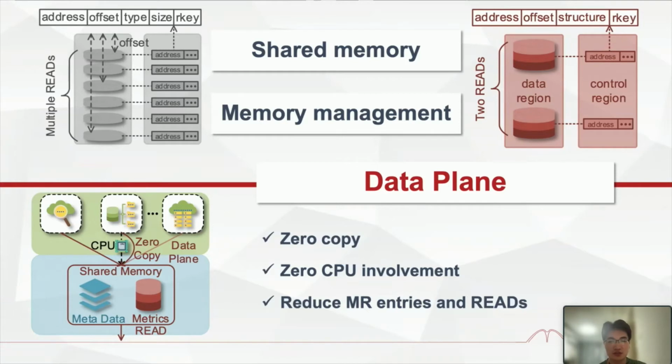So Zero also provides a memory management interface to aggregate metrics into a continuous memory region. As a result, for each instance, Zero only needs to record one memory region entry and perform one RDMA read to acquire all metrics.